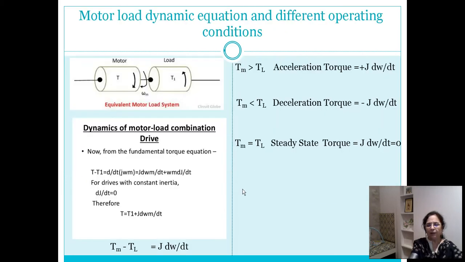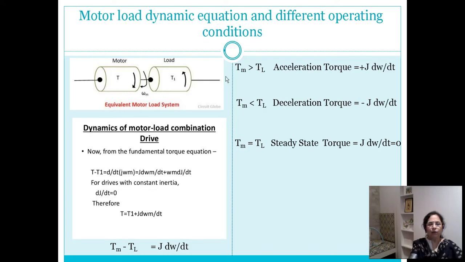Now this is all about the classification of drives. We must understand that all the drives operate the motors which are coupled with load. So for us, what is most important is to understand the motor load dynamic equation.